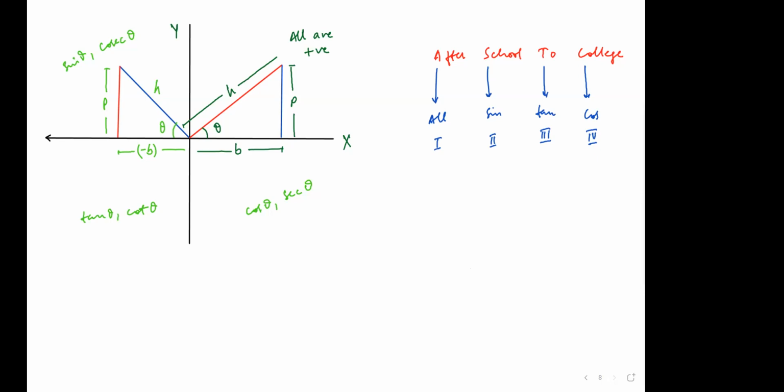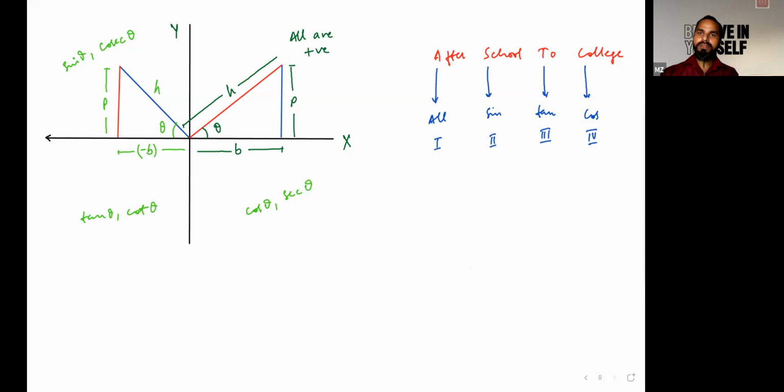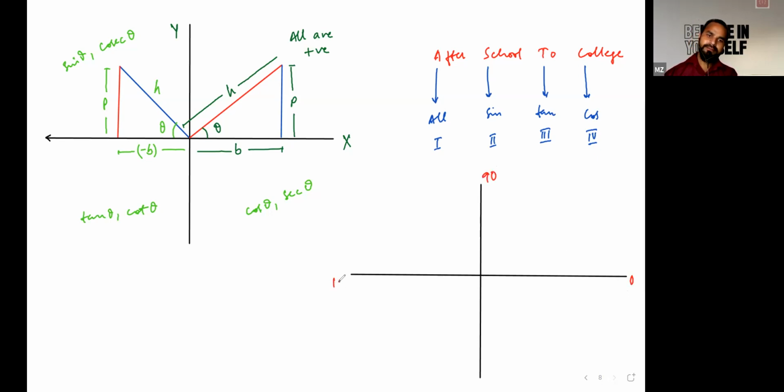Okay. Now the next part is how to convert angles. I'm defining on the basis of angle. Let's say this is your 0 degree, 90 degree, 180 degree, 270 degree, and this will again be 360 degree.